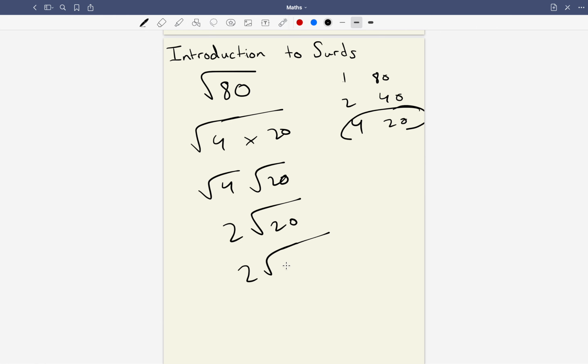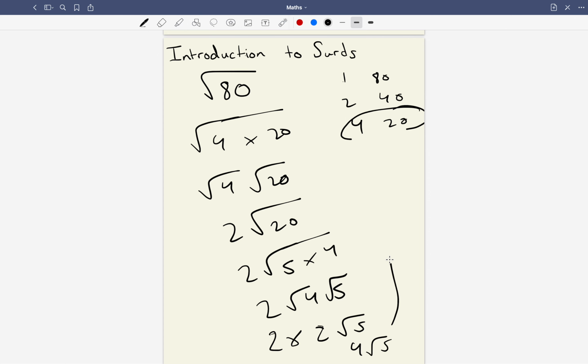So you've got 2 root 5 times 4, 2 root 4 root 5, and then you've got 2 times 2, because that root 4 goes to 2, root 5, 2 times 2 root 5, 4 root 5. So you'll see that's root 80 in a simplified form. It's the same answer we got earlier, but it was just a lot quicker to go with the other factors.